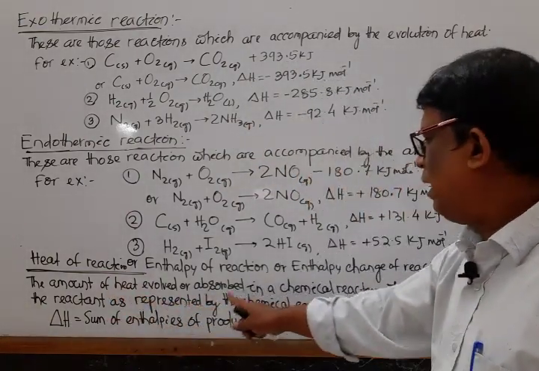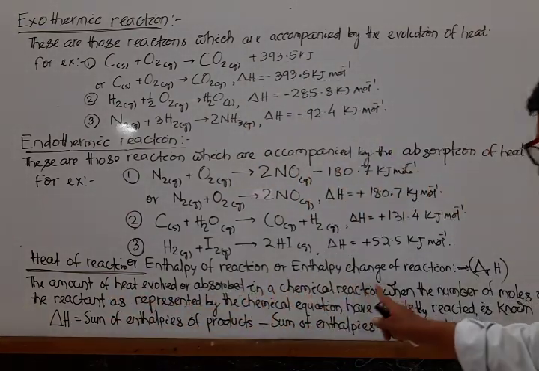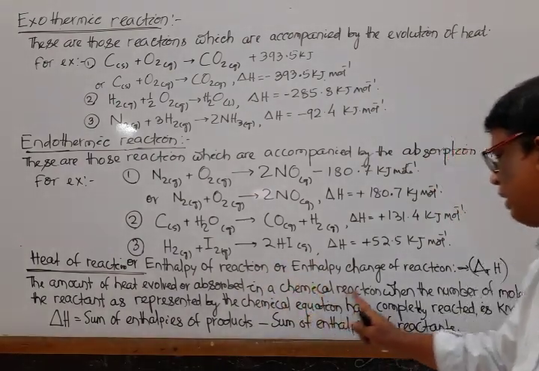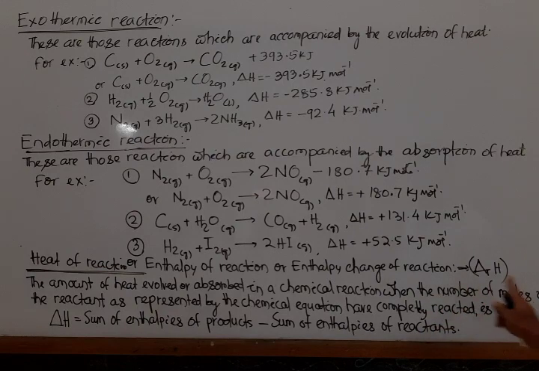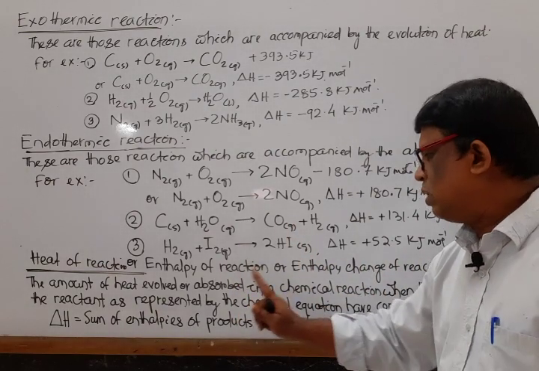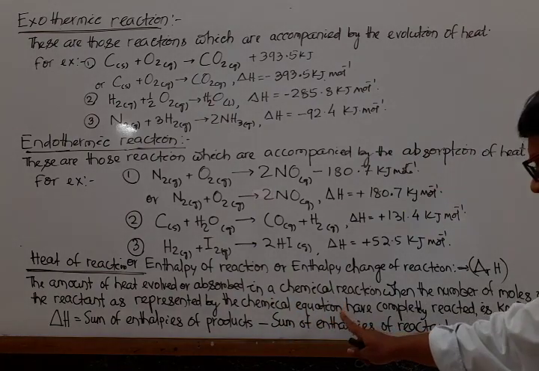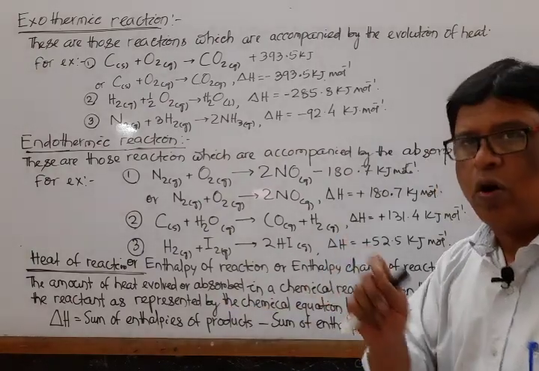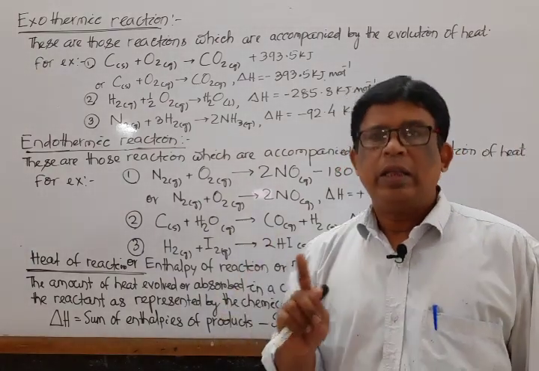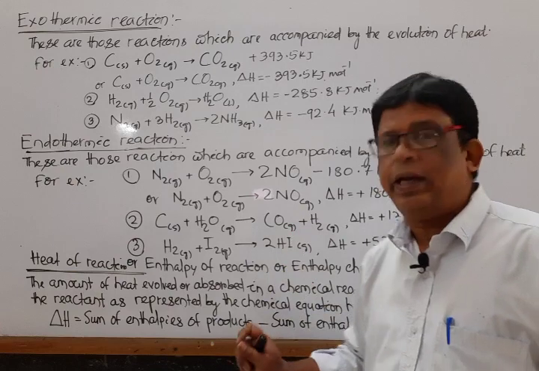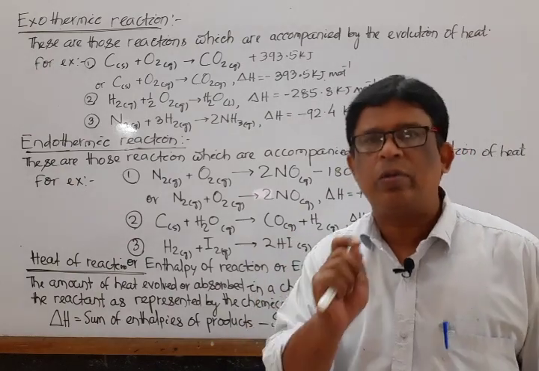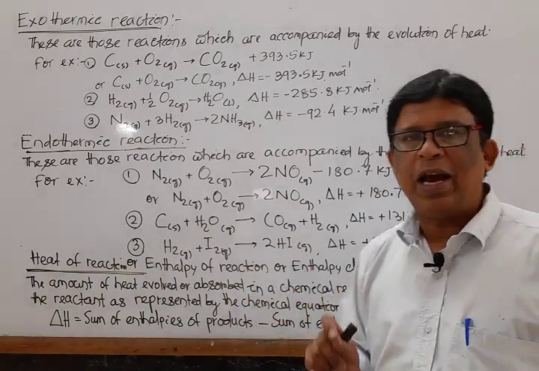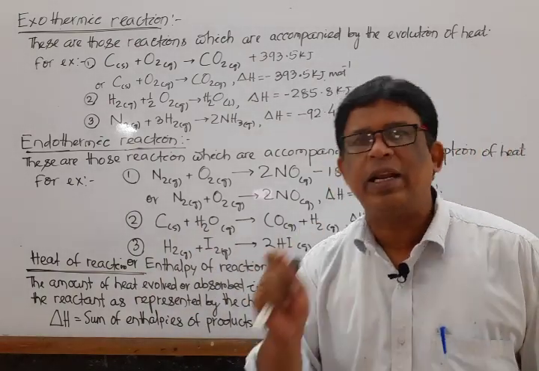The amount of heat evolved or absorbed in a chemical reaction when the number of moles of the reactants, as represented by the chemical equation, have completely reacted. When all the reactants have completely reacted to form the product, the amount of heat evolved or absorbed is known as the heat of reaction or enthalpy of reaction or enthalpy change of a reaction.